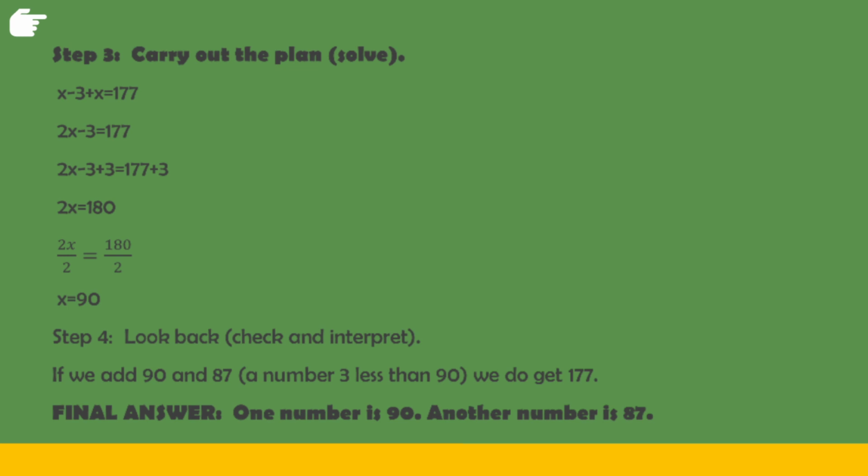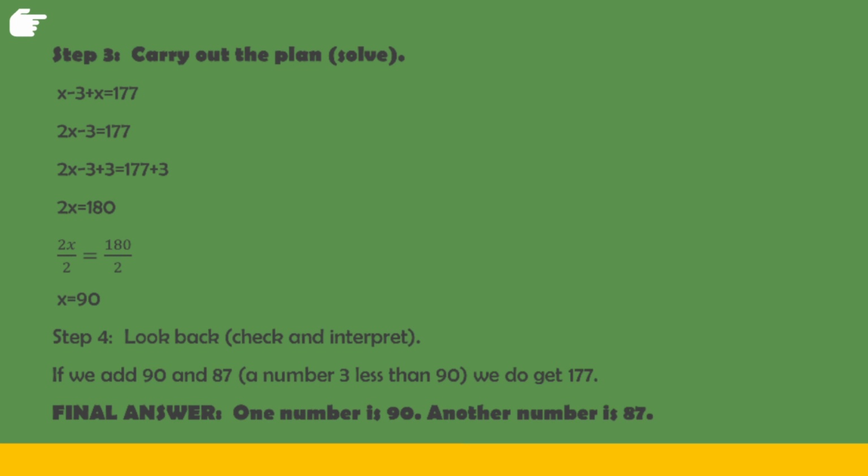You can just transpose negative 3 to the right side of the equation, and it will look as 2x is equal to 177 plus 3. And 177 plus 3 is equal to 180. That's why we have 2x is equal to 180.